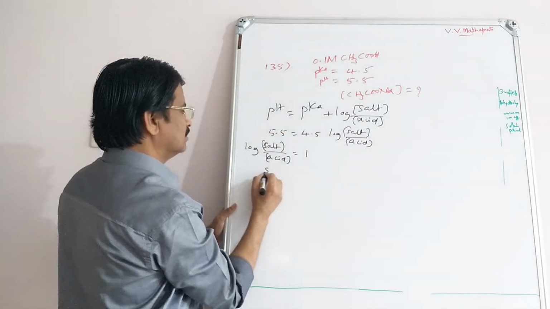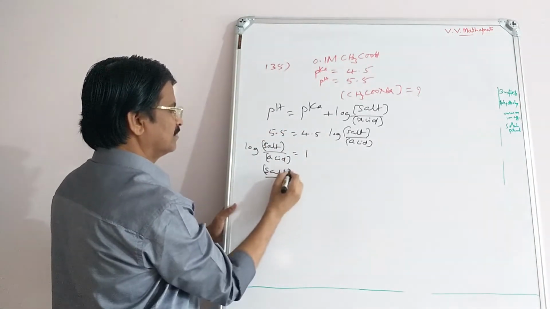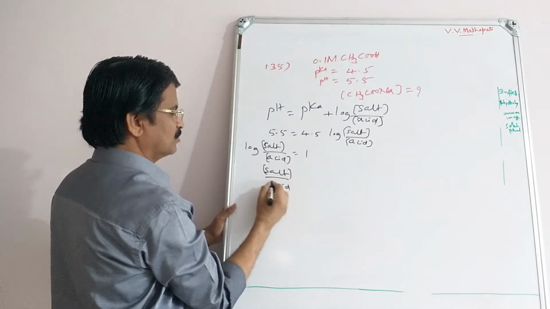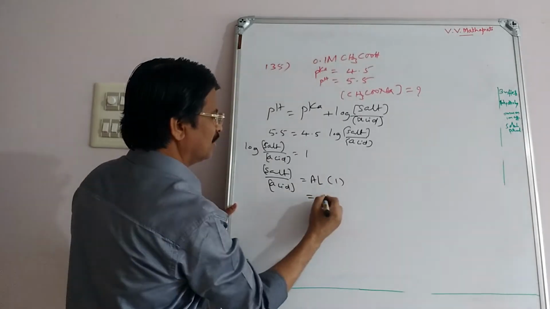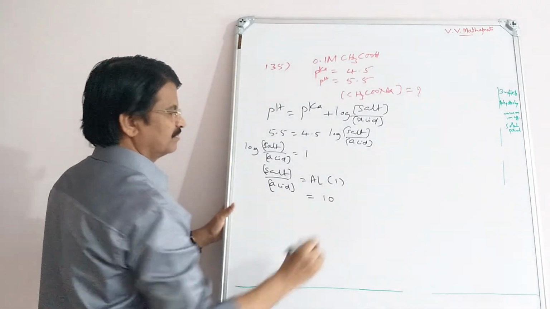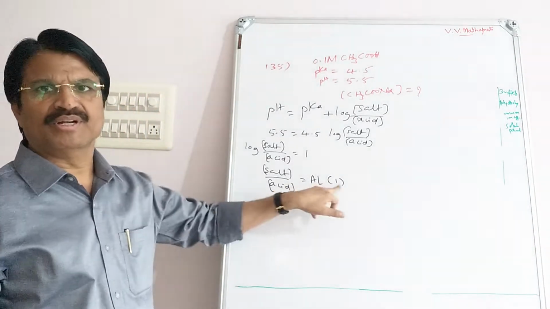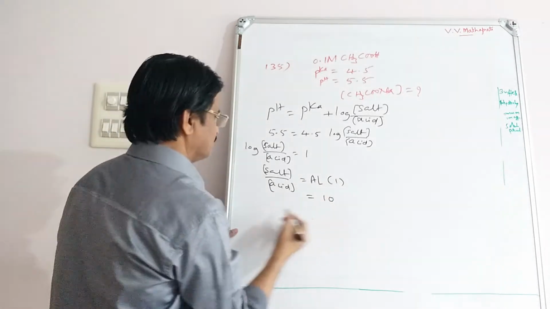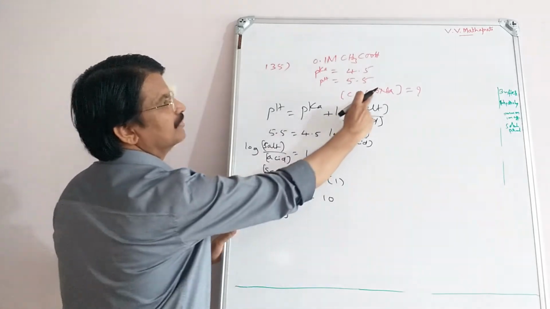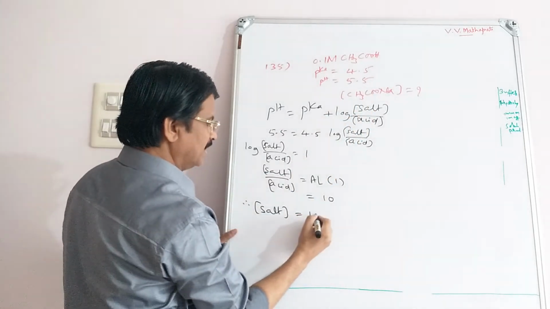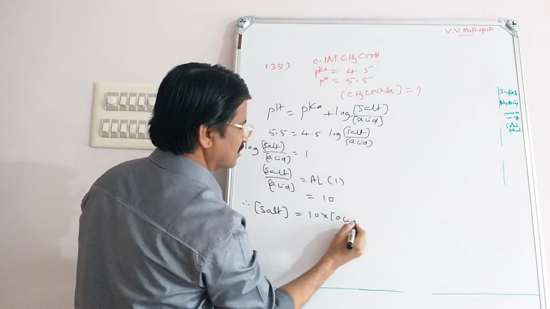Therefore, salt by acid concentration equal to antilog of 1. Antilog of 1 is 10. Therefore, concentration of salt equal to 10 into concentration of acid.